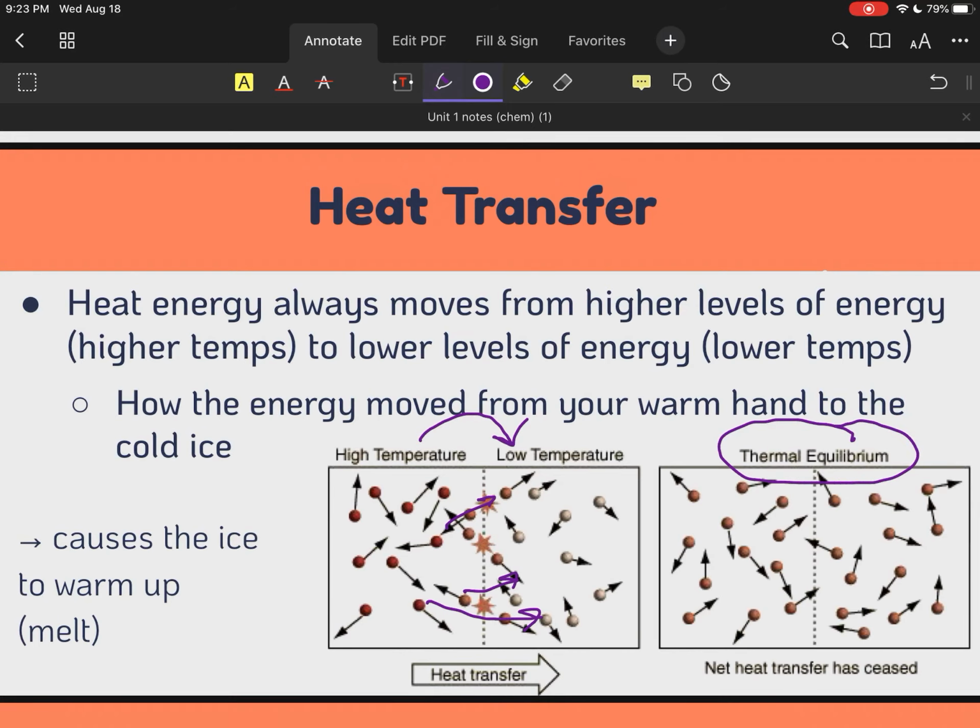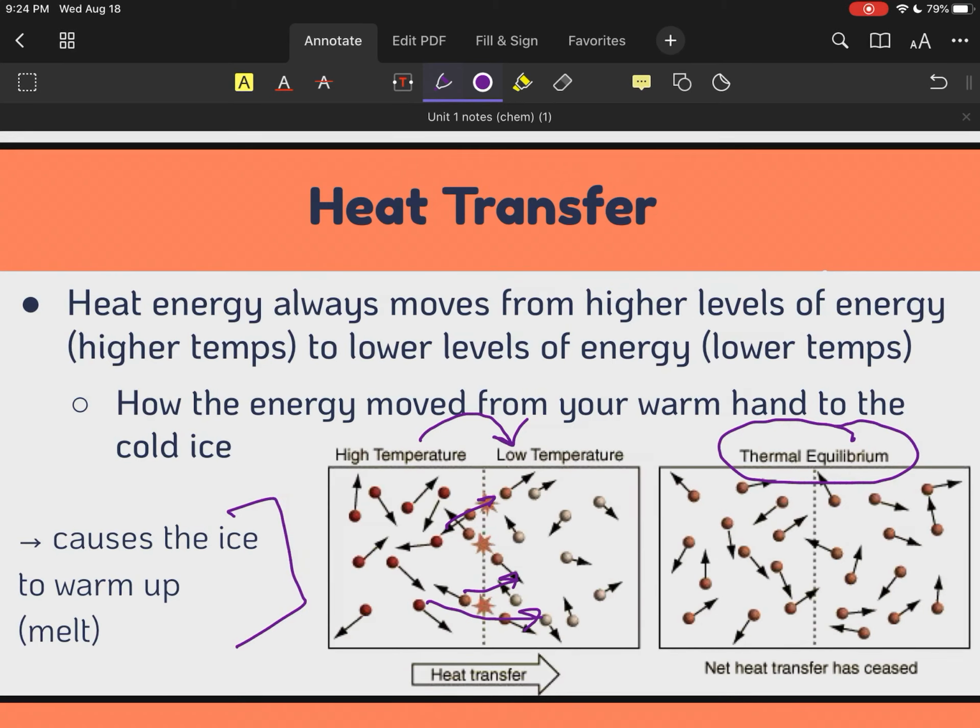So it causes that high temperature, or the warm substance, to cool down, and it causes the cooler substance to warm up. And so that's basically how the ice melts: the heat from your hand is moving through the spoon, and it warms up the ice.